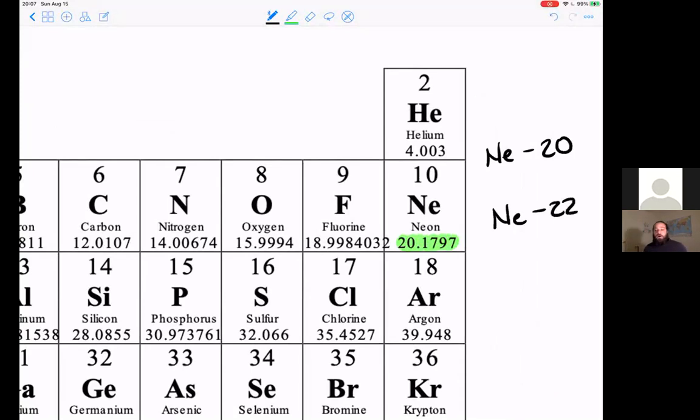Which one's more abundant? All right, that number is way closer to 20 than it is to 22. So we know that there's way more neon 20 in the world than there is neon 22. Okay, so this is a simple kind of analysis that you can do without having to do any math, just by looking at the numbers.